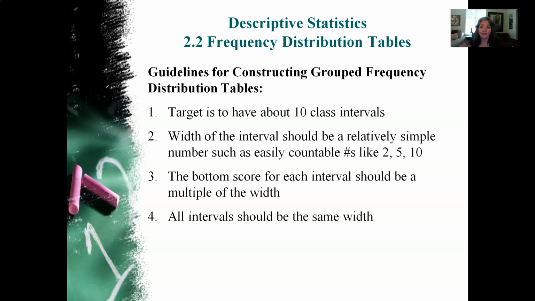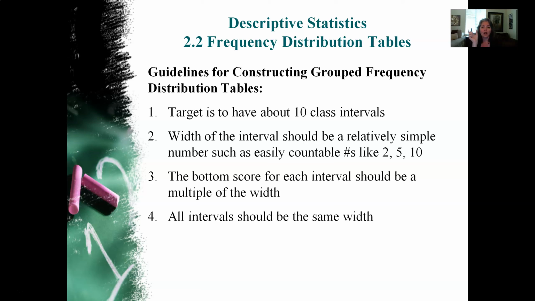Now, we have a set of rules that we want to follow, because the question is, how many intervals should I have? How big should those intervals be? And the answer is, well, it depends, right? So our rules of thumb are: you want to keep it to 10 class intervals or less. The width of the interval, or the amount of possible point values in each interval or group, should be the same.